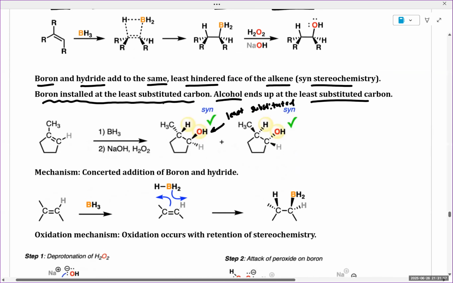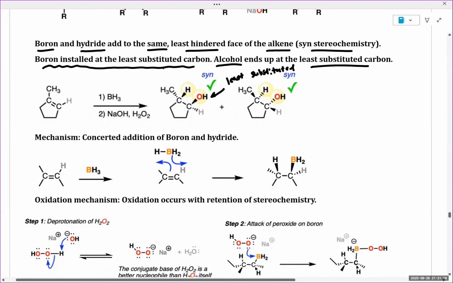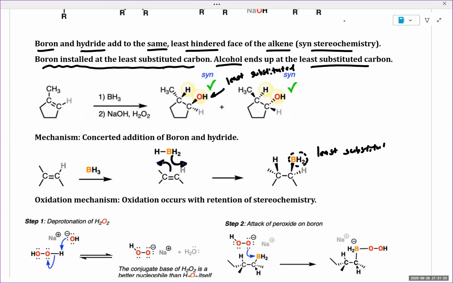What's the mechanism that explains this? First, you have concerted addition of boron and hydride to the alkene. The boron, again, is installed at the least substituted position. And the boron and hydrogen are installed syn to one another on the same face.